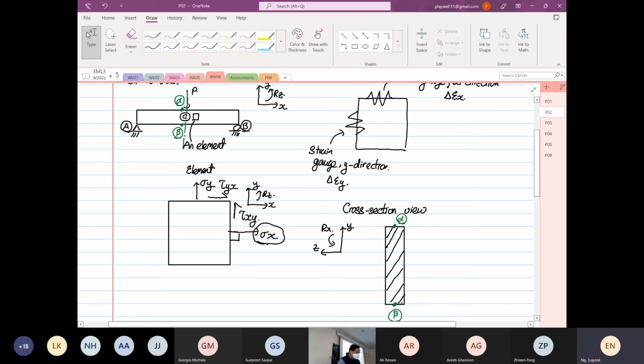And then if we have bending moment, for this structure, the bending moment will be in this direction. So this is our MZ, that's our MZ prime. Now I'm going to draw our centroid.